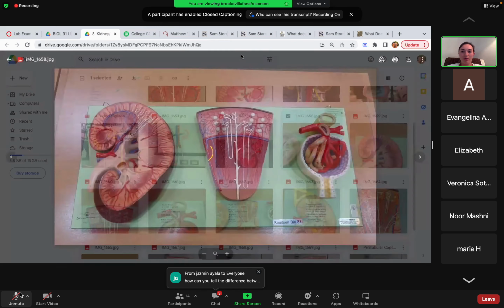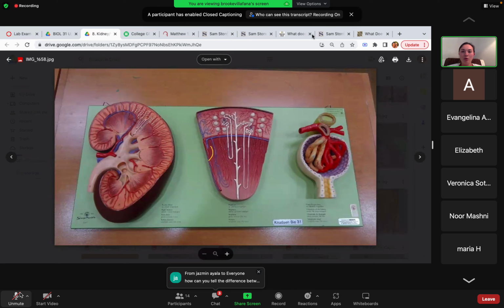So let's start with this guy. So again, what we're going to see, and then I'm going to transition so I can actually see it on the picture. Remember how I just said, this is the cortex of the kidney. You're kind of like trying to orient yourself to what you see. Here's the cortex and the medulla. And I told you each of these is a pyramid, remember? So this is a pyramid zoomed in.